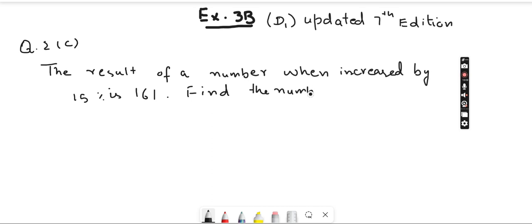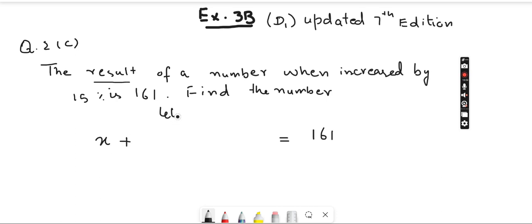So what we are going to do is, the result of a number, this is very much simple. The result is 161 of a number when the number is increased.